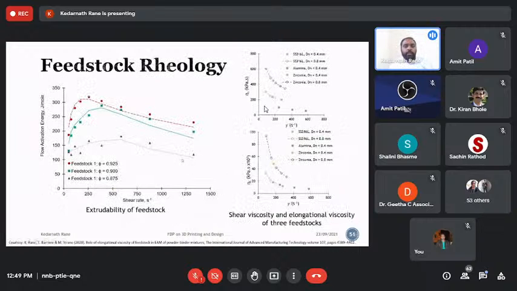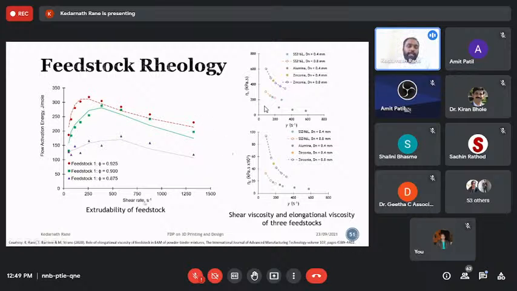We did a lot of work on different feedstocks, different solid loadings, and different melt rheology, considering shear viscosity and elongational viscosity. Because of the time limitation, I am not going into much depth.